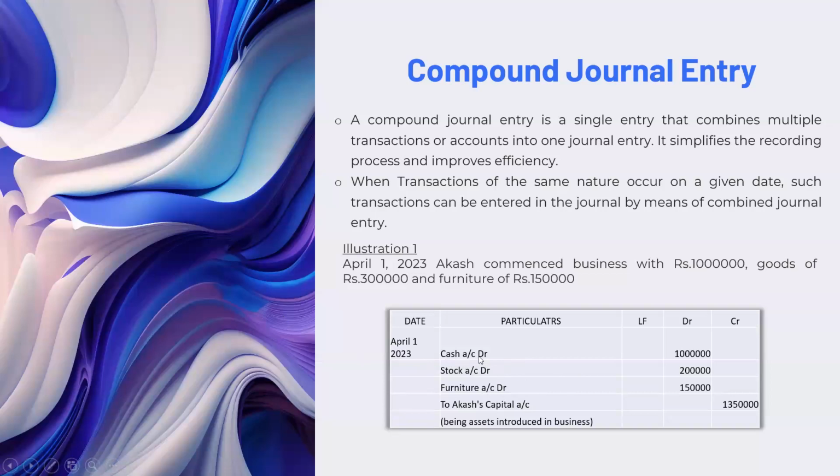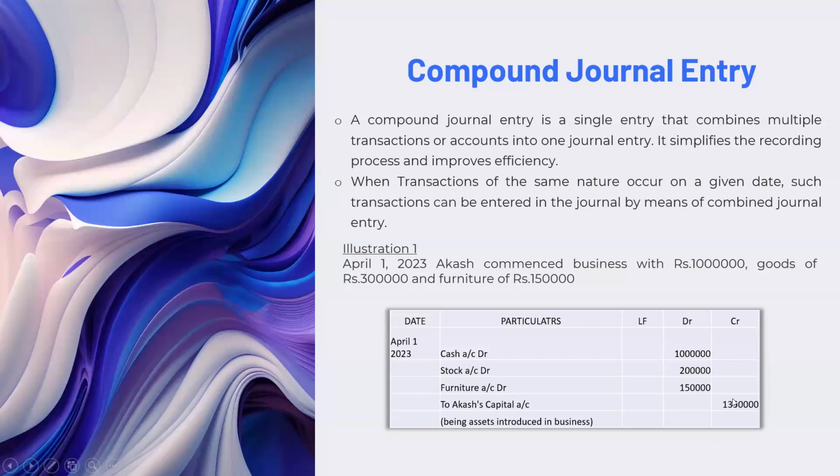So cash account debit, which is 10 lakhs, and that is capital. Stock account debit, okay, I think I have taken something different. This should be 3 lakhs, right? 3 lakhs, yeah. So stock account debit should be 3 lakhs, and furniture account debit should be 1 lakh 50,000.